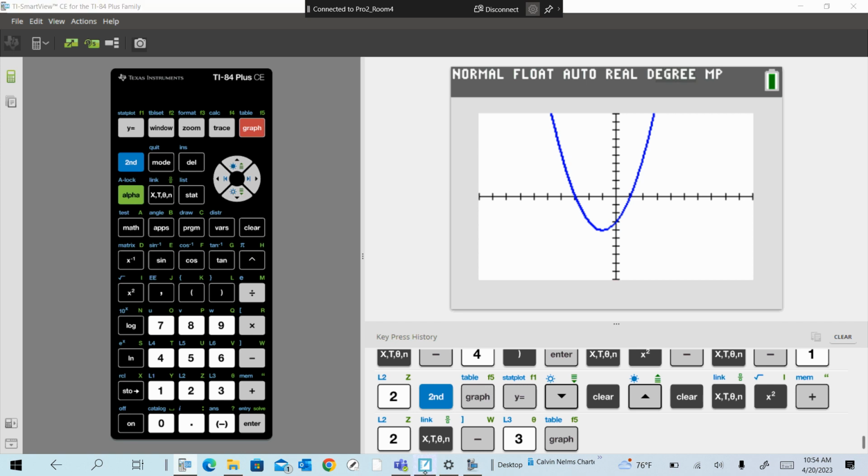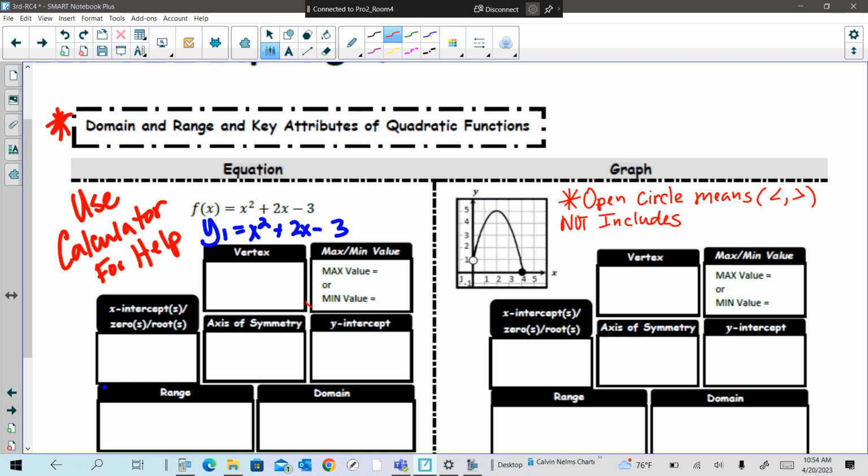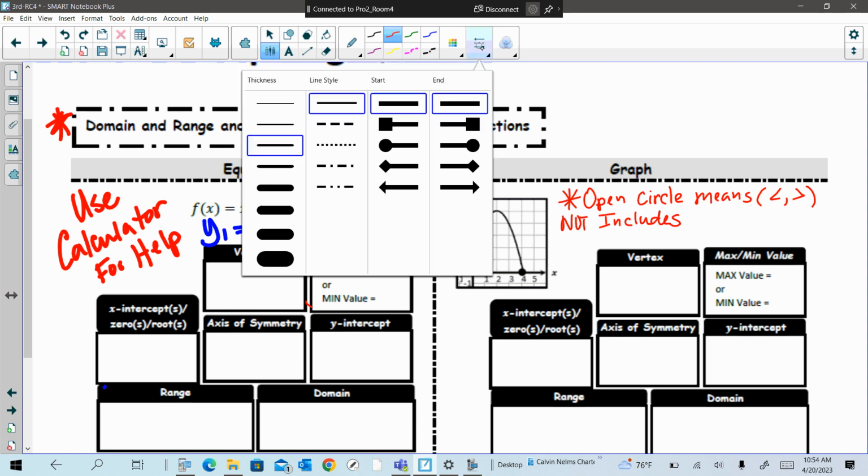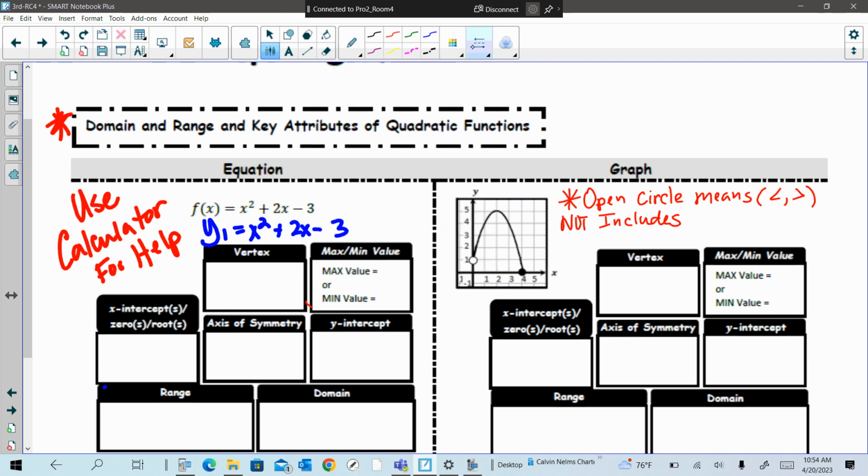So the first thing, on the graph, could we find the vertex? Just looking at it, what is the vertex? -1 comma -4. Yes, it's a point. It's the highest or lowest point of the graph.